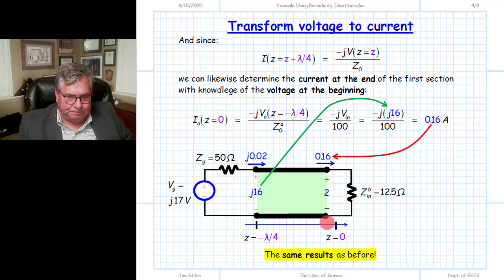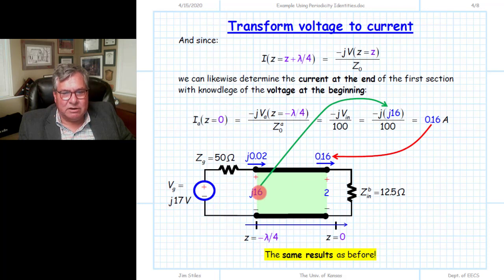Again, we increased the index z by a quarter wavelength, and that's what we're doing here as we move down the line. So we take our original voltage at the beginning of the line, divide by Z0 and multiply by minus j, and the result we get is 0.16 amps, a complex value with a magnitude of 0.16 and a phase of 0. And that is the current at the other end of our transmission line, a distance of lambda over 4 from the original point where we knew the voltage.